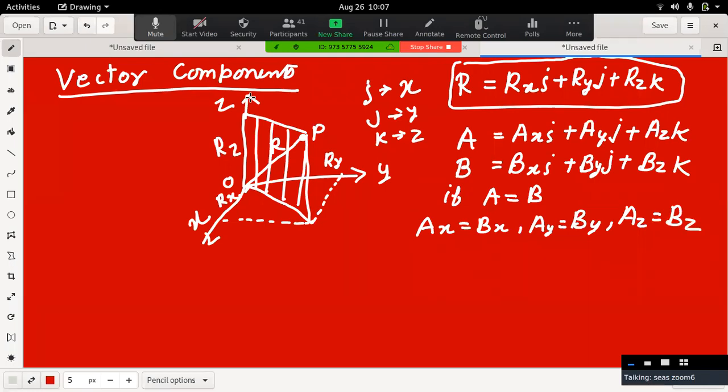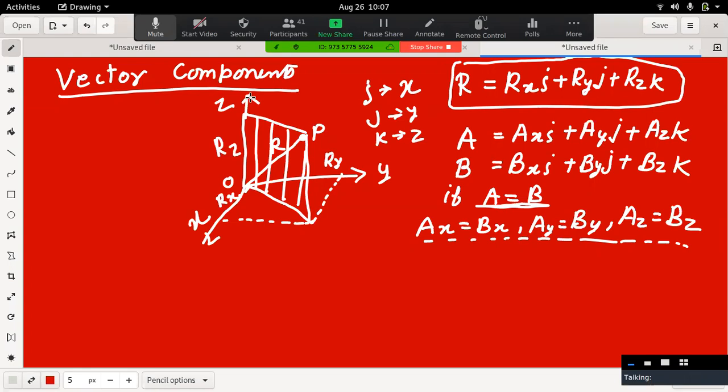So if A is equal to B, it simply means that this A must have the same position as B. That is why all the components must also be equal. So if any one of them is not satisfied, then A is not equal to B.